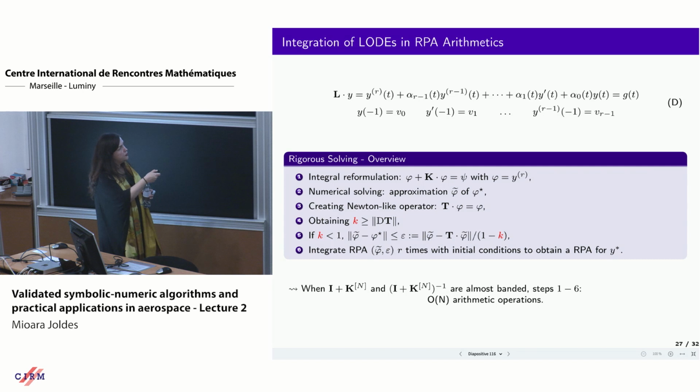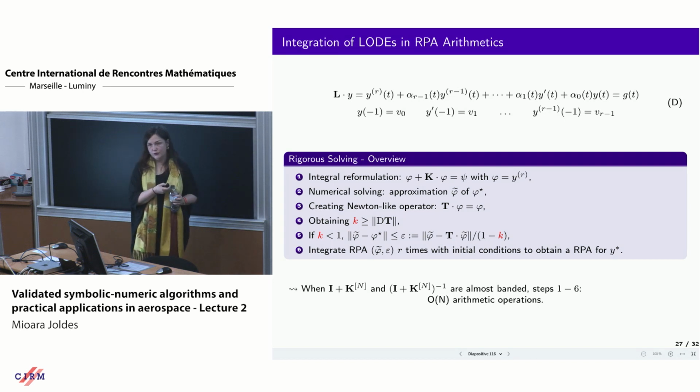This will always be almost bounded, and if this is also almost bounded, we stay in linear time with respect to the truncation order. Otherwise, we will have n squared.